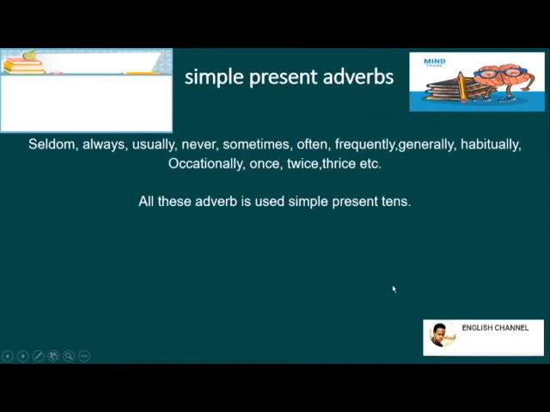So there are adverbs which are specifically used only for the simple present tense. I told you before. So: seldom, always, usually, never, sometimes, often, frequently, generally, habitually, occasionally, once, twice, thrice.